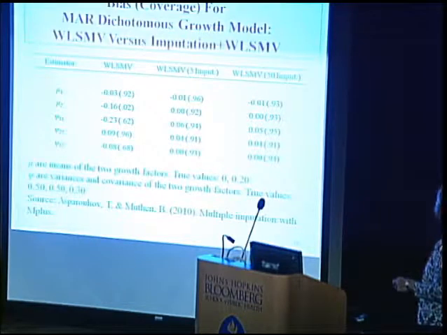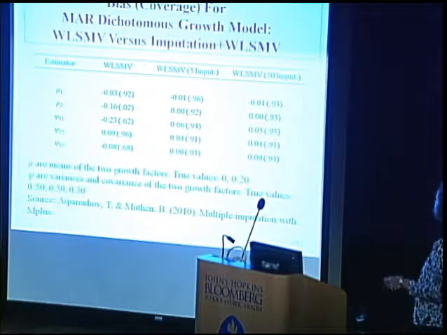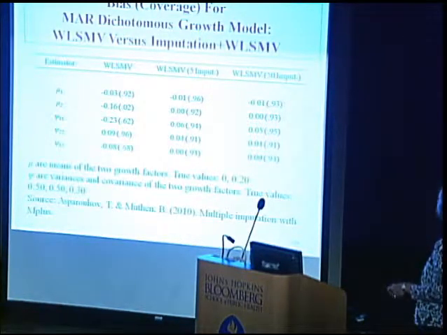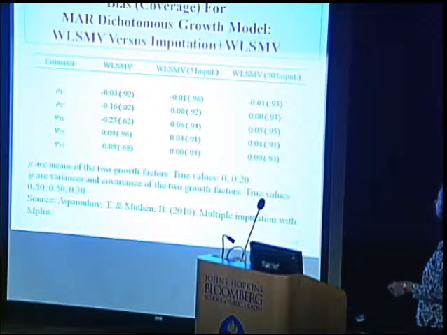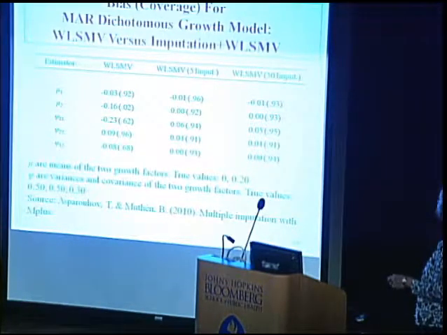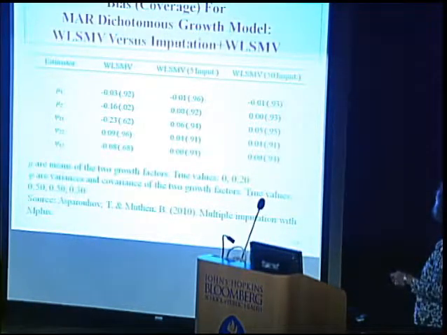All right. So we have very little bias here with imputation, and they're very large for the regular WLSMV. So we wouldn't want to do this. This, unfortunately, probably shows that our missing data procedure isn't that great in WLSMV. And the biases don't really become that much smaller between 5 and 50 imputed data sets.